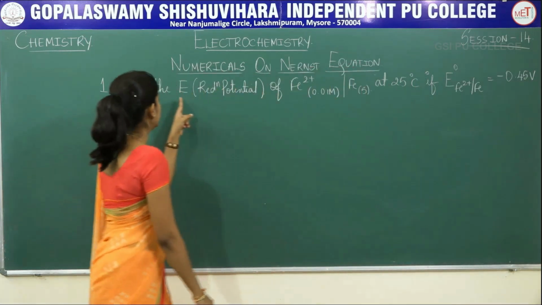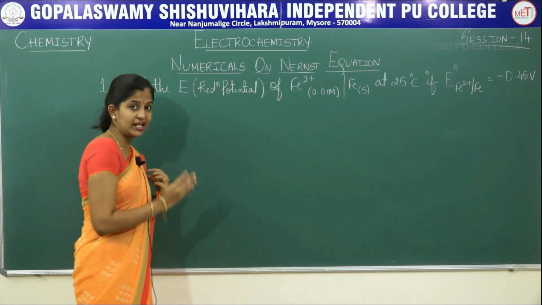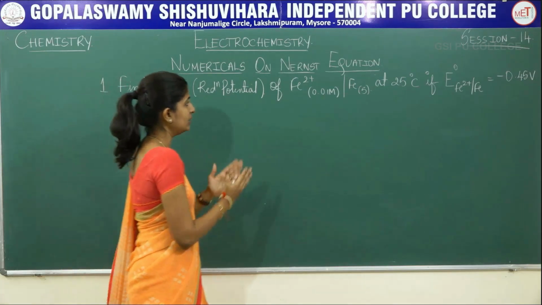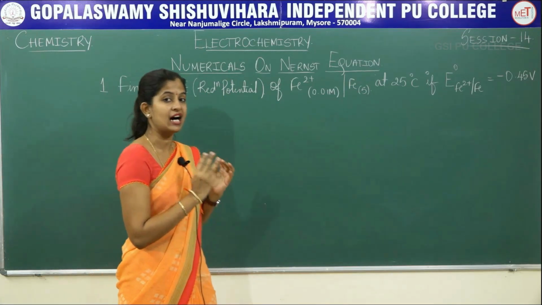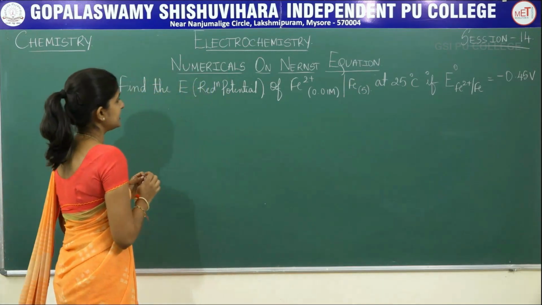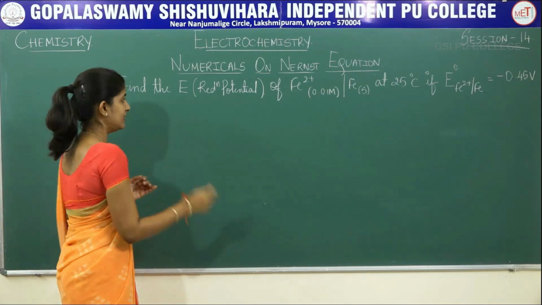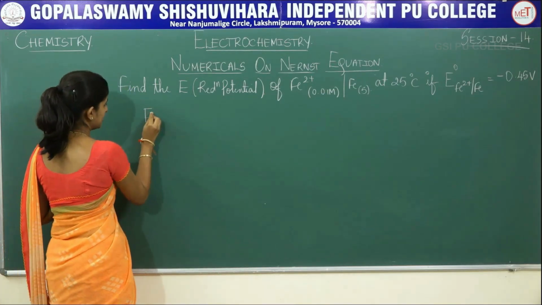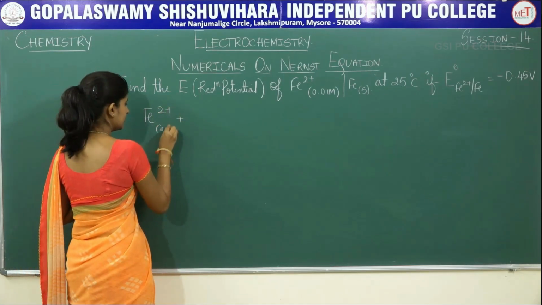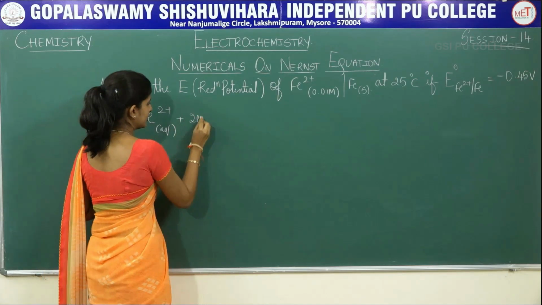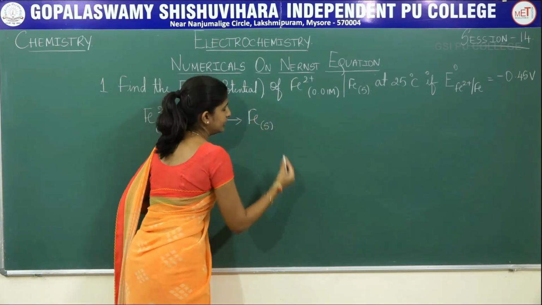Now you have to calculate the E of this half cell. You can see there is only one metal, iron, dipped in iron solution, that is Fe2+ solution. As a result, it is a half cell. So first let us see the half cell reaction. The half cell reaction is Fe2+ aqueous plus 2 electrons gives rise to Fe solid.